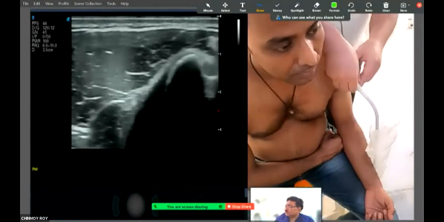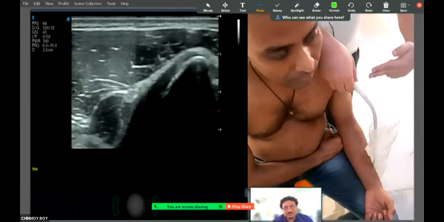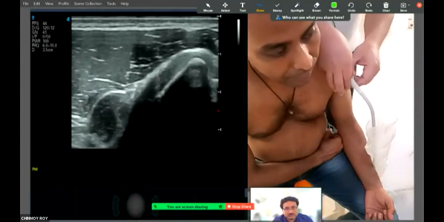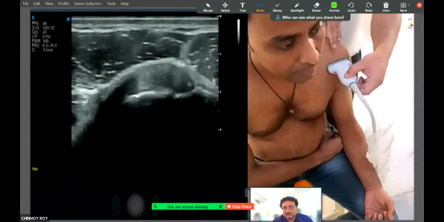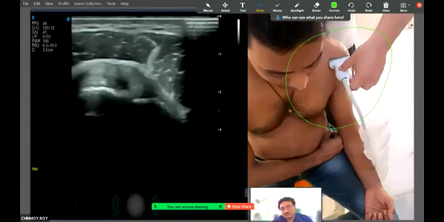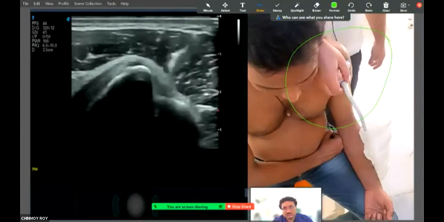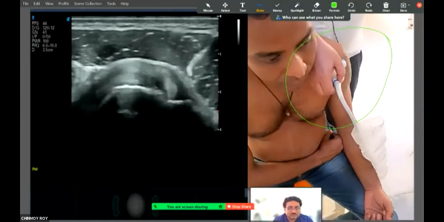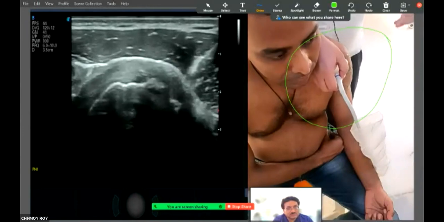Because the subscapularis comes like this and enters like this, so putting our probe in a straight manner will not be at a 90-degree angle to the tendon. So we have to do some heel-toe maneuver like this, to see the subscapularis tendon as a hyperechoic structure.